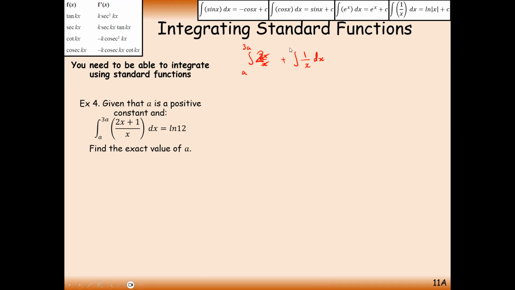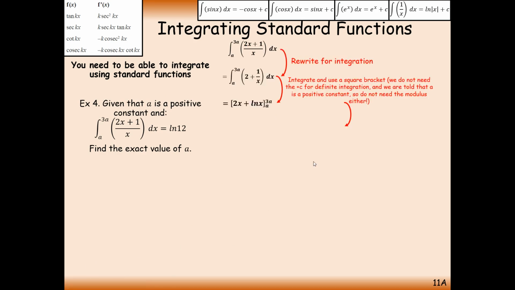Having integrated 2 with respect to x, we will get 2x, and log x. Now we can substitute the limits of integral 3a and subtract once we have the limits of a. We substitute 3a as the upper limit, and we subtract the lower limit, which is 2a log a.